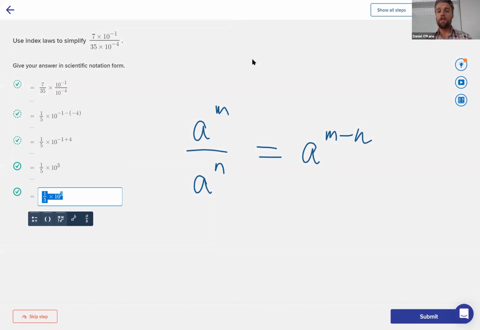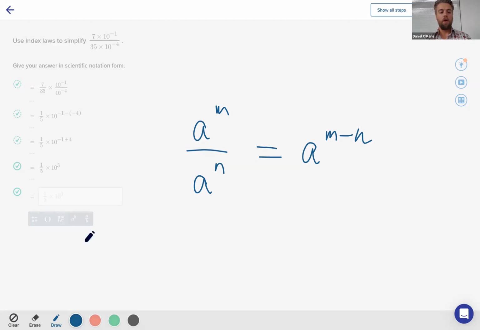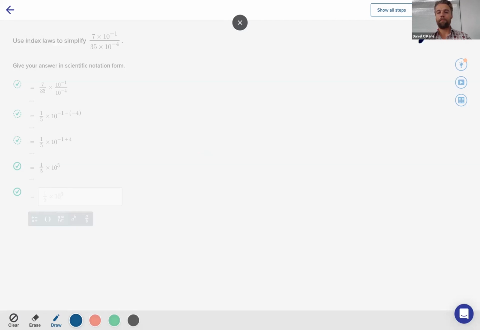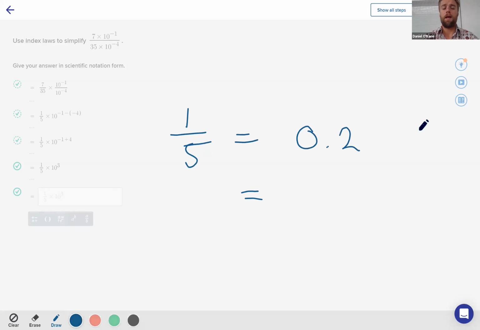Again, my work is not yet finished. Why? Because 1/5 is not a number between 1 and 10. So 1/5, as a decimal, I can write that as 0.2. So that is the same as 2 over 10. So in scientific notation, I can write that as 2 times 10 to the power of -1.